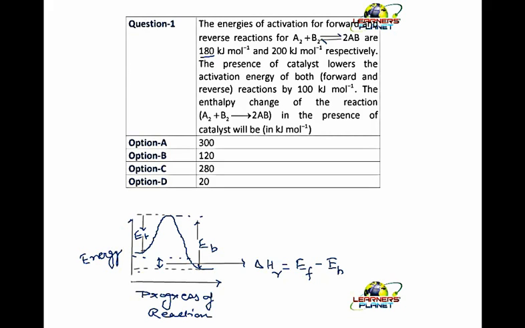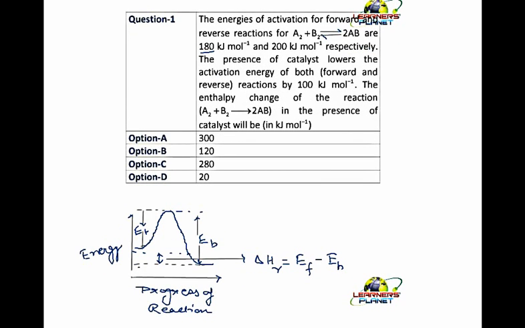So see, this is the energy released in the forward reaction, this is the backward reaction, and this is the delta H, right? So what is the question here? That the presence of catalyst lowers the activation energy of both forward and backward reactions by 100 kilojoule per mole. The enthalpy change of the reaction in the presence of the catalyst would be, so in the presence of the catalyst, what is E forward?